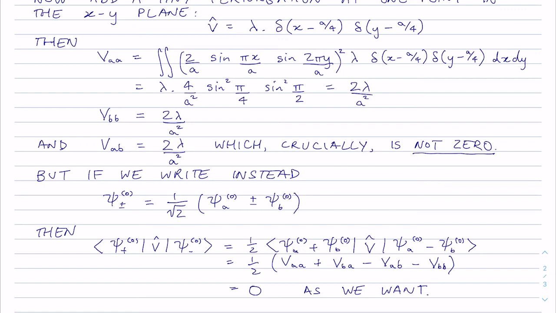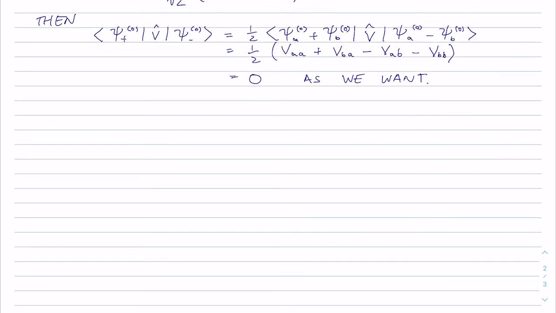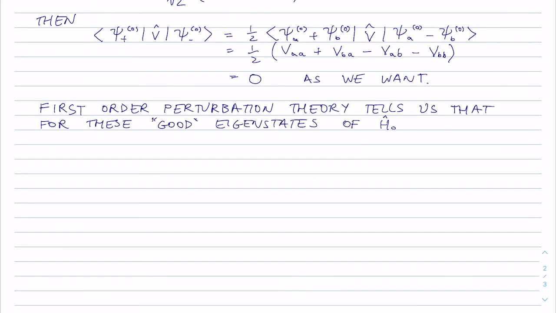So this is the correct basis, if you like, for this problem. This is the good basis, and first order perturbation theory tells us that for these good eigenstates, delta E plus 1 is going to be equal to psi plus lambda V psi plus, which equals 4 lambda over A squared.